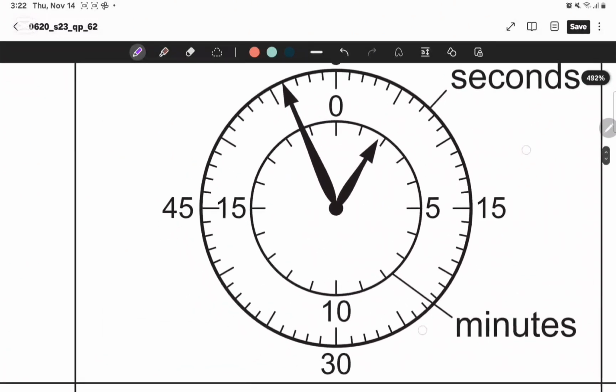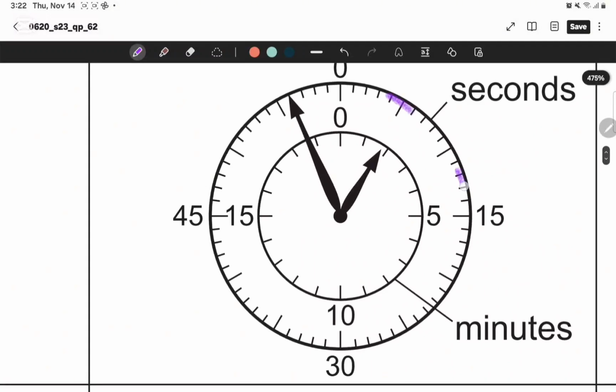Let's zoom in. For seconds we're just going to skip ahead, let's say here, because it's closest to the arrow. I'm not going to start counting 1, 2, 3 up to 40 to 45. You don't need to. If they already started from 45 here, start from the number that's closest to the arrow. What's closest here? 45.